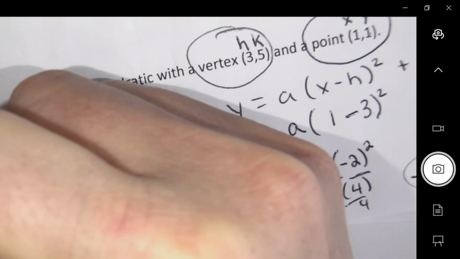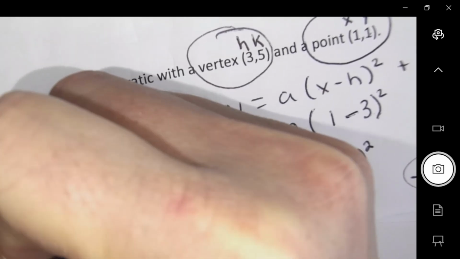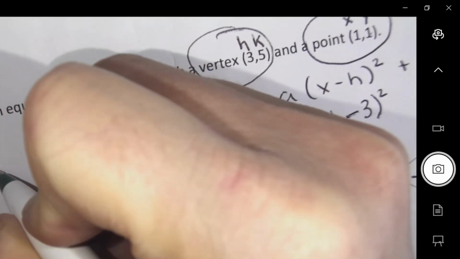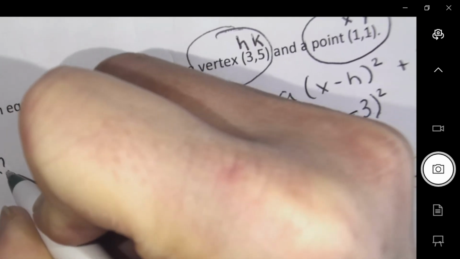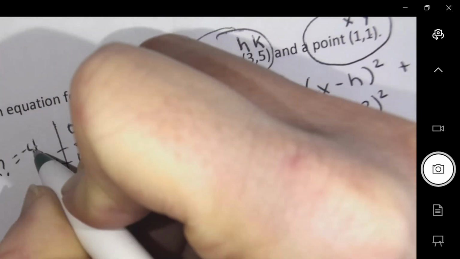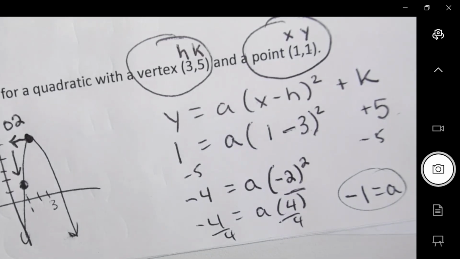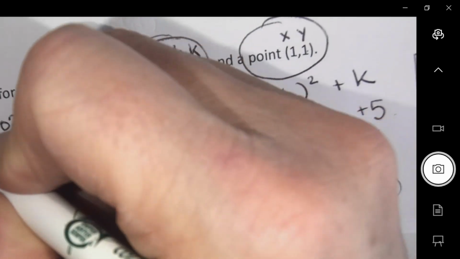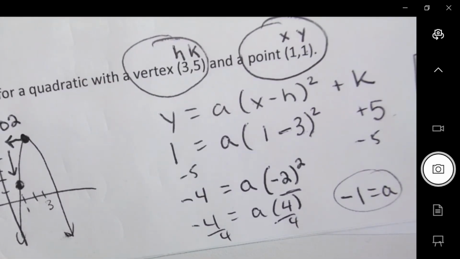Okay, 2 squared is 4, but instead of doing 4 up, I went 4 down. So does that make sense that my slope is going to be a -1?